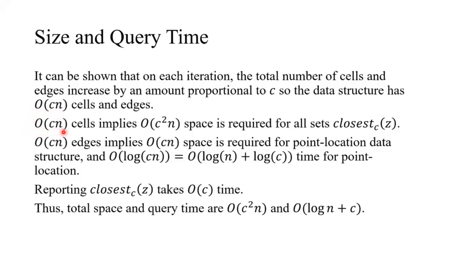Having big O of Cn cells implies that big O of C squared n space is required for all the sets closest C of Z. And having big O of Cn edges implies that big O of Cn space is required for the point location data structure, and big O of log of Cn time is required for point location, which breaks down to big O of log n plus log C. And finally, reporting that set, the closest C points, takes big O of C time. And so putting all of this together, we get that the total space and query time requirements are big O of C squared n and big O of log n plus C respectively.